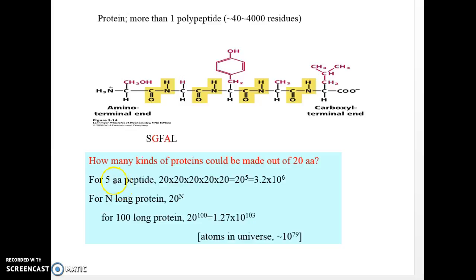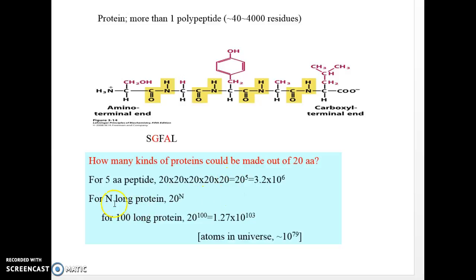For 5 amino acid long peptide, 20 times 20 times things like that, giving 20 to the 5th magnitude, giving this number, slightly over 3 million different types of proteins.